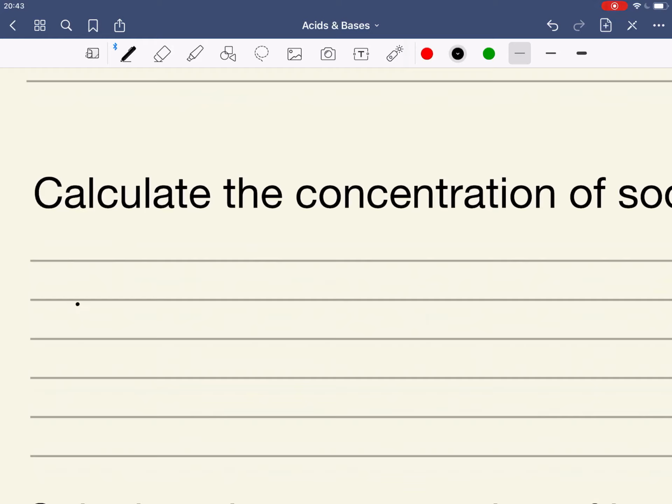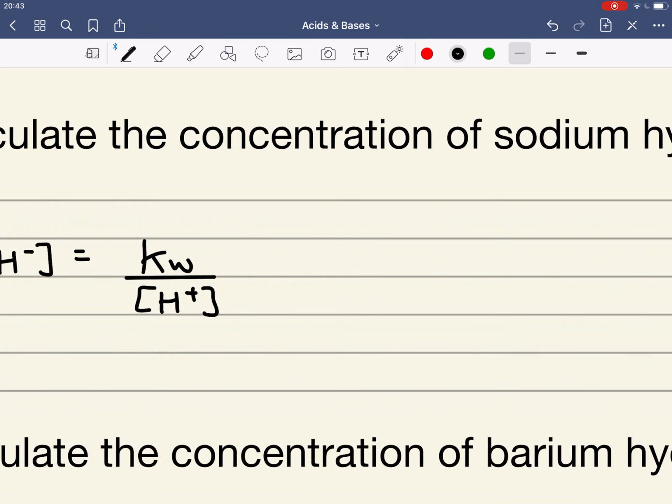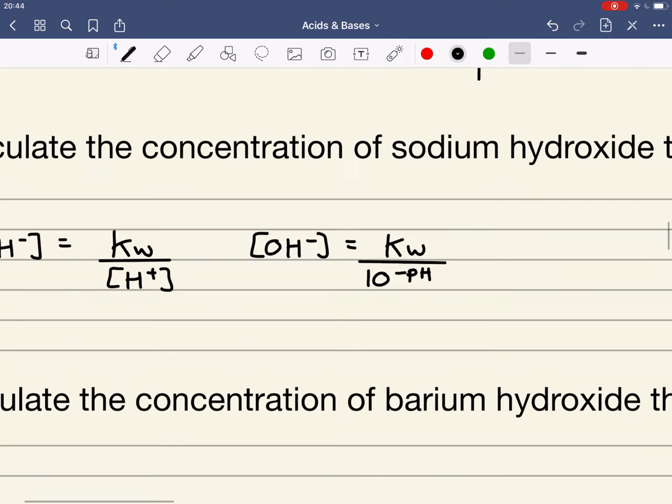My hydroxide ion concentration then is what I'm going to work out, and that's equal to Kw over H plus, which is really the same as saying my hydroxide ion concentration is equal to Kw divided by 10 to the minus pH.